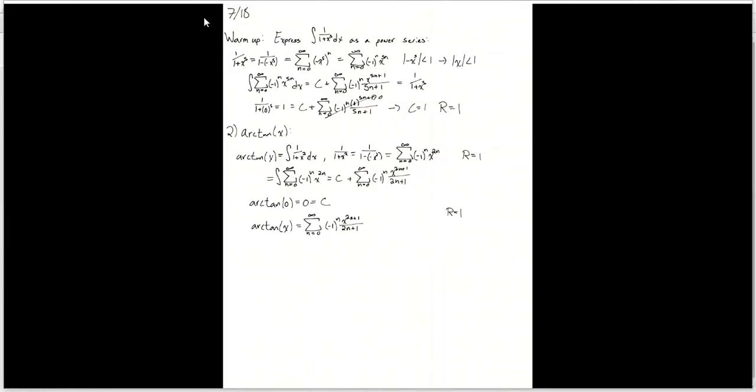So an interesting sum is if we do arctangent at 1, right? So arctangent of 1, and if you remember, this is pi over 4. That means that pi over 4 is equal to the sum from 0 to infinity of -1 to the n.